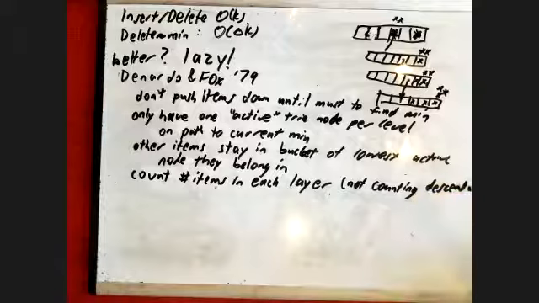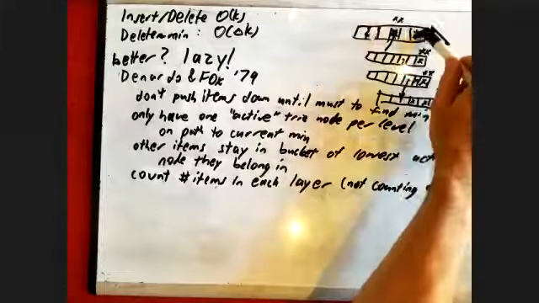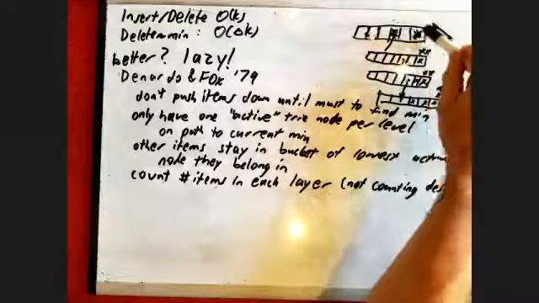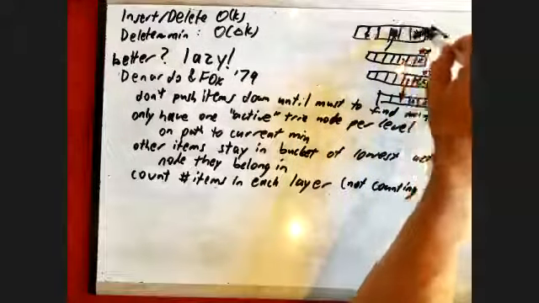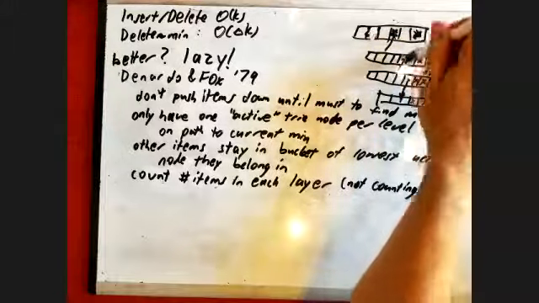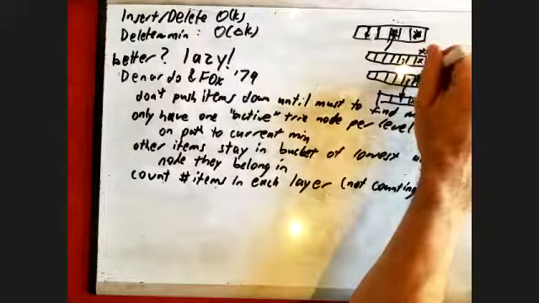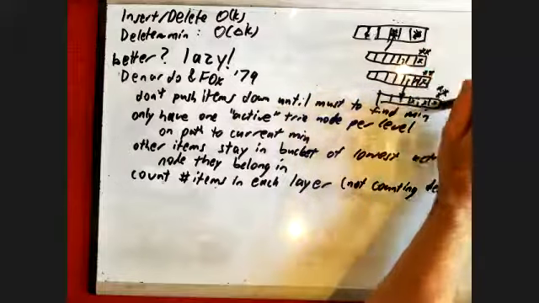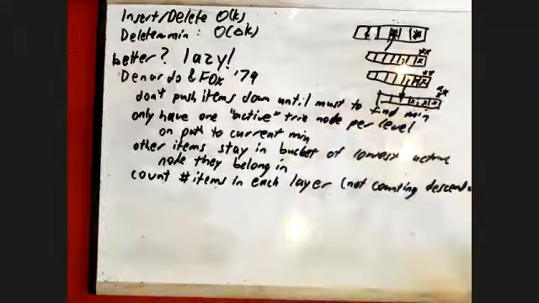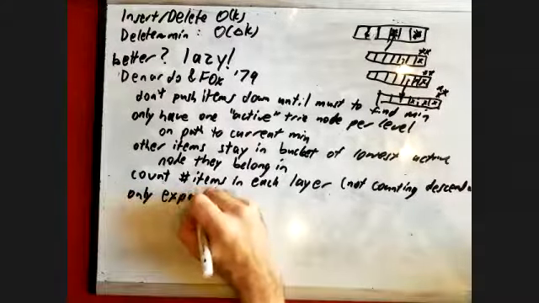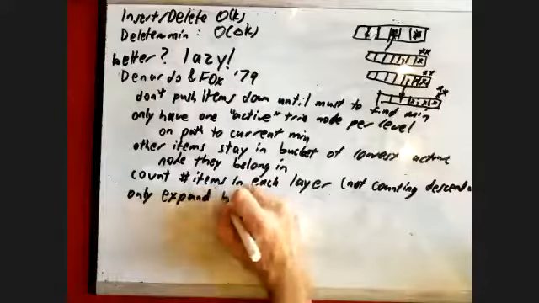So in this picture, I have some number of items in the top layer, 2 non-empty buckets in the second layer, 2 non-empty buckets in the third layer, and 3 non-empty buckets in the fourth layer. And I only expand a bucket when it becomes the minimum.